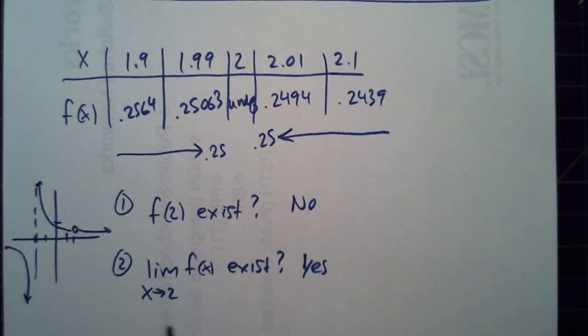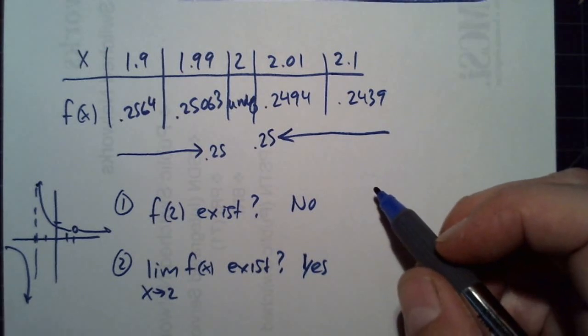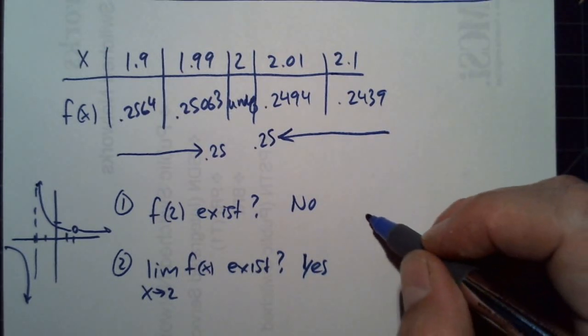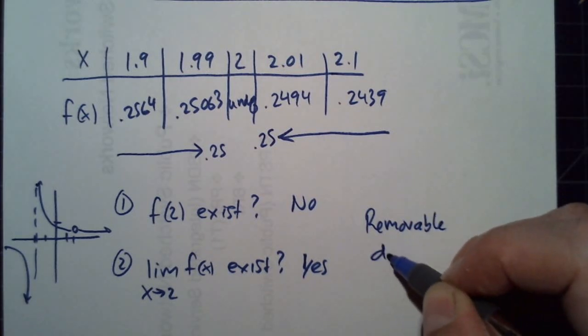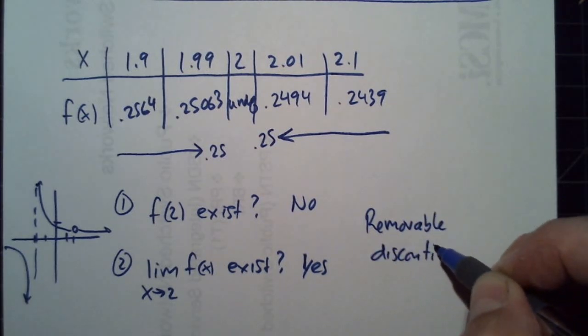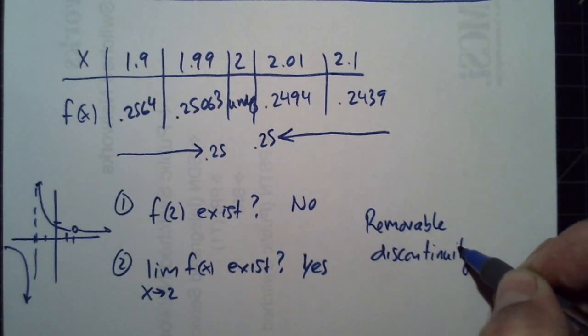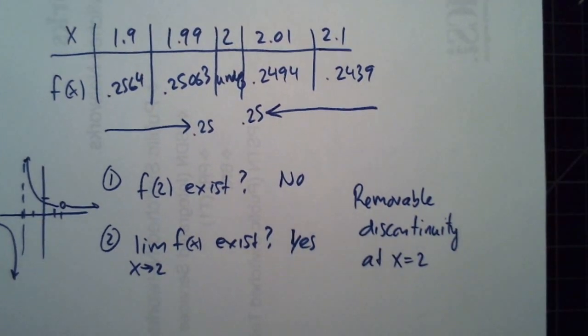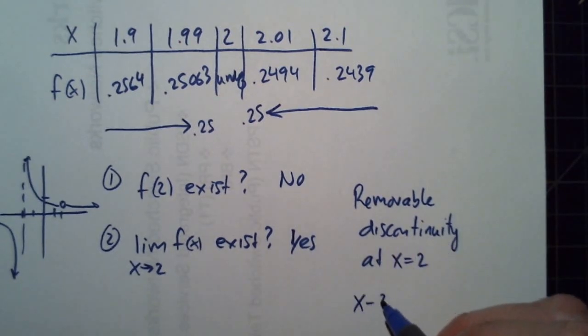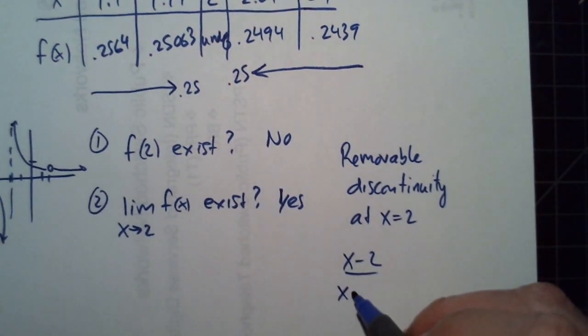We have an open circle there, so we would say that this is a removable discontinuity. And it's also called removable because it can be removed.